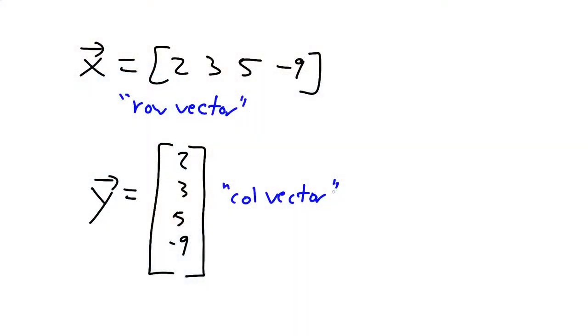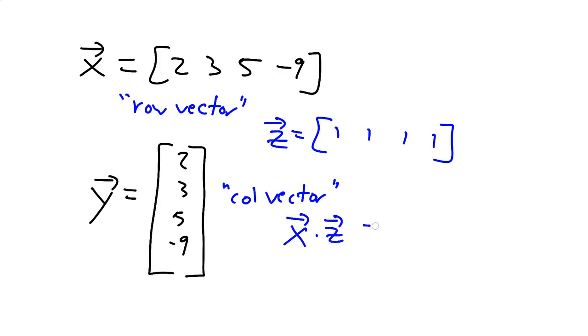Now, we're going to be calling these a row vector and a column vector. And notice that when we talk about things like the dot product of two vectors or adding two vectors, it actually doesn't matter whether it's a row or a column. If I have another vector z, and I let that be 1, 1, 1, 1, then taking the dot product between x and z gives us 2 plus 3 plus 5 plus -9.